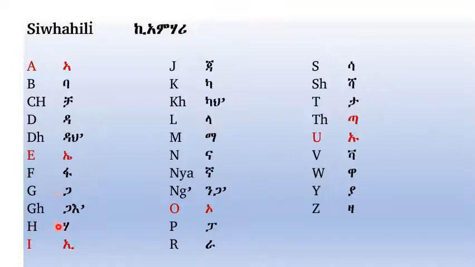Ha, ja, ka, la, ma, na, nya, nga, o, pa, ra, sa, sha, ta, da, u, va, wa, ya, za. Well done.